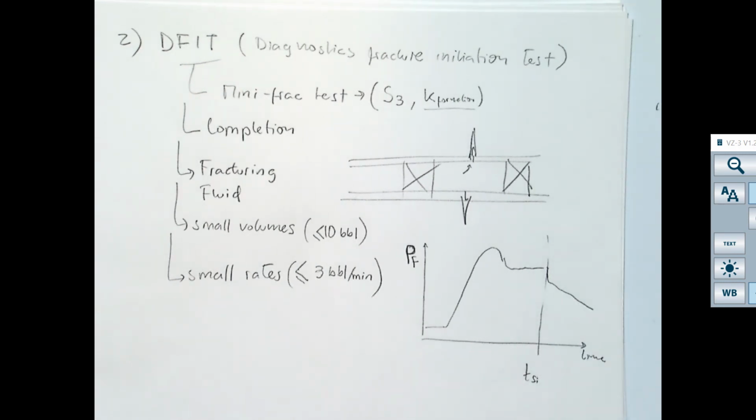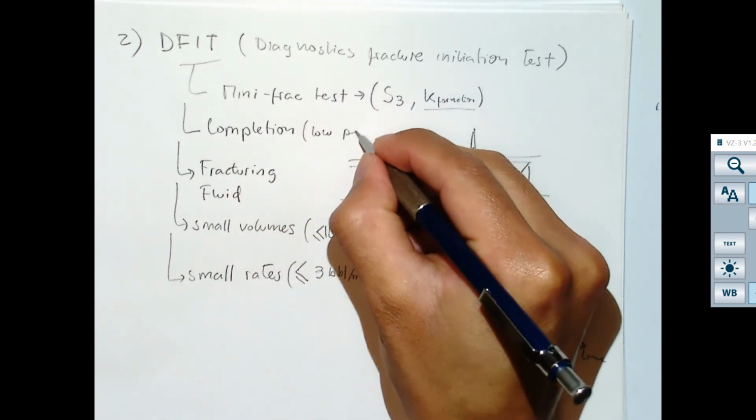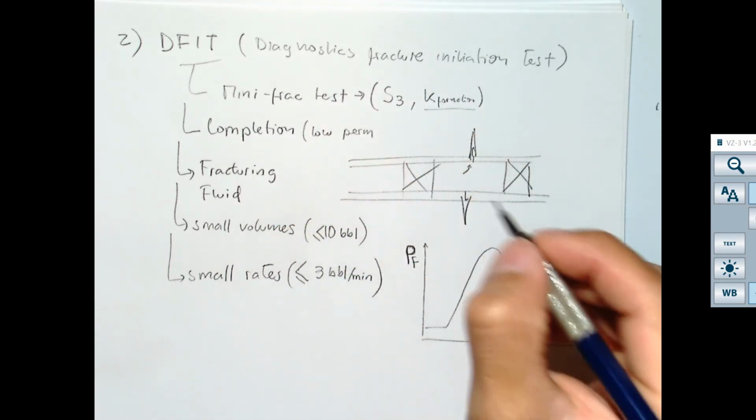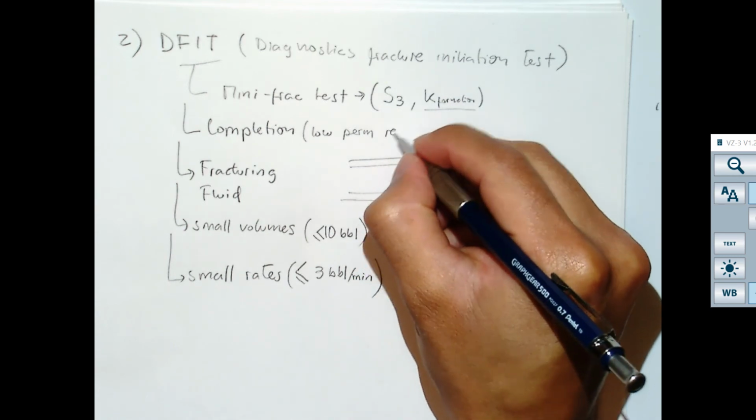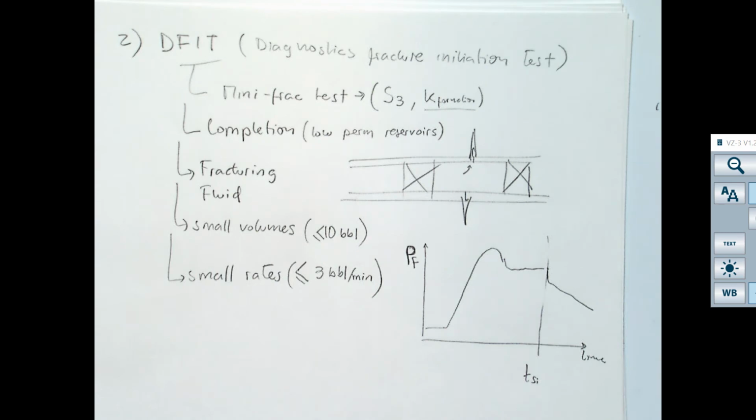I'm not going to go into details of this type of analysis of this data, because actually some companies have different methods to analyze it. So if I show you one method, probably that same method is not utilized by all companies.